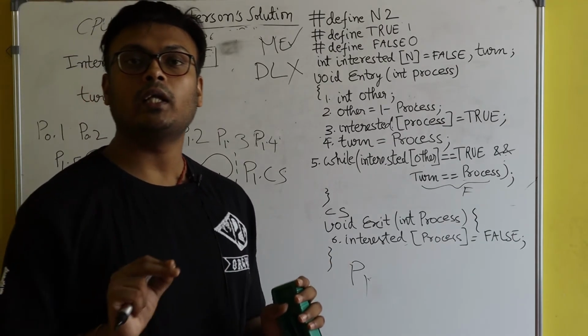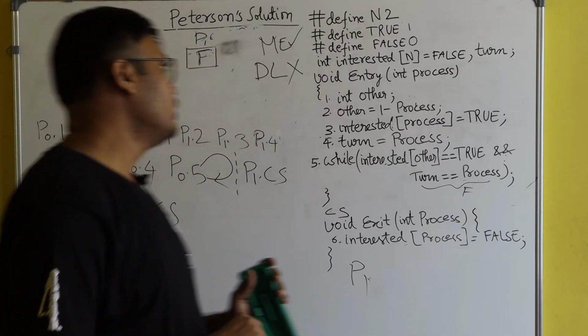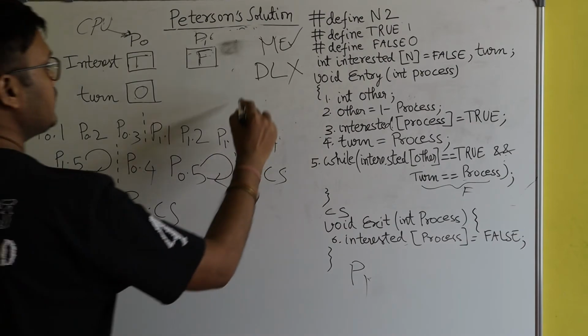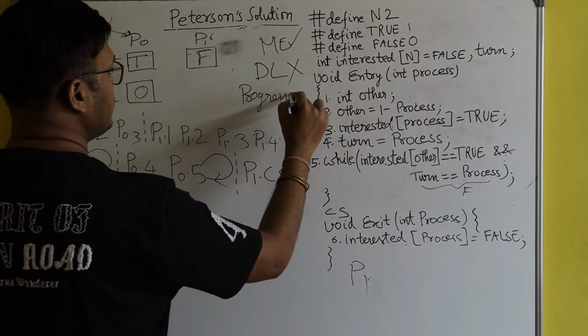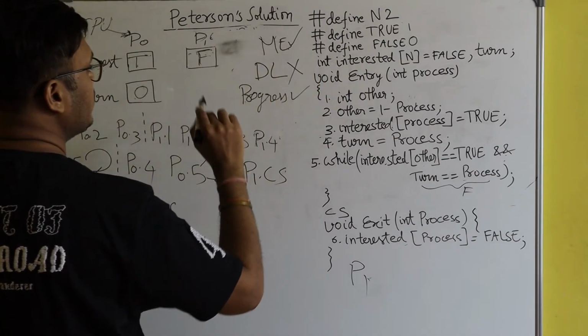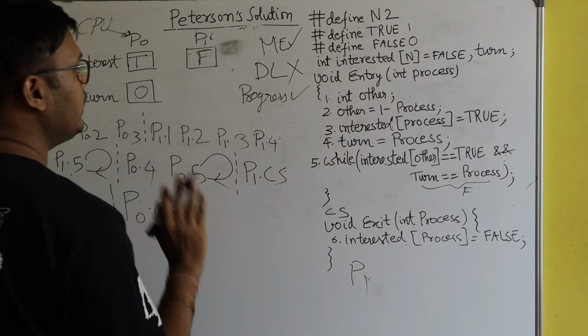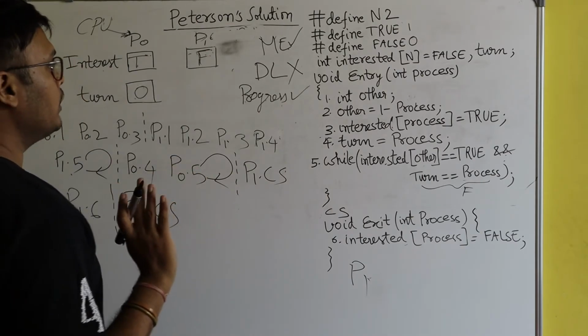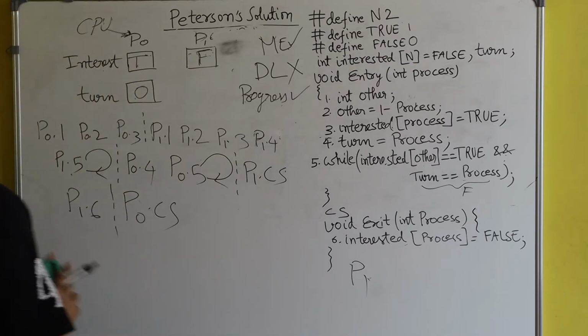The process which set the turn value first. Okay. So here we can see that progress is there. So mutual exclusion is there, progress is there, deadlock is not there. Till now everything is good. Till now everything is fine. So now let's check bounded waiting.